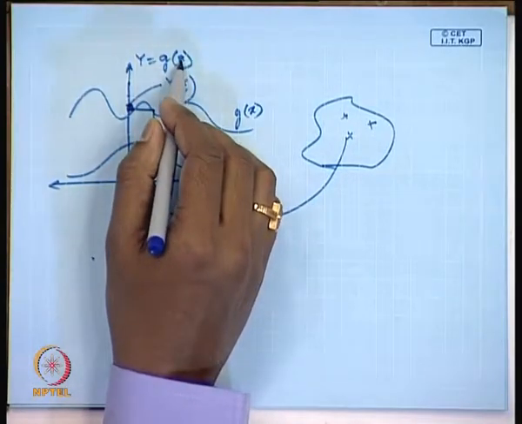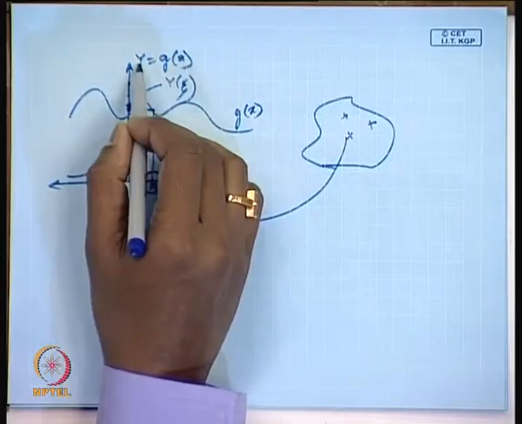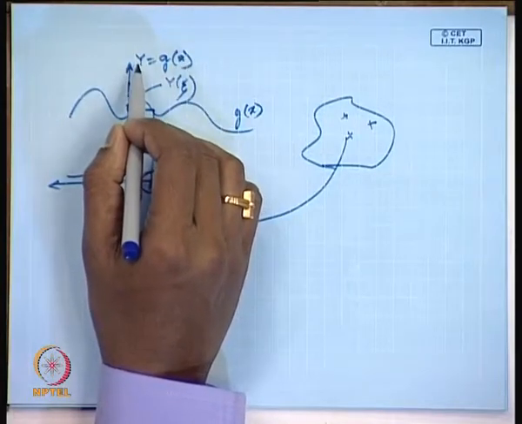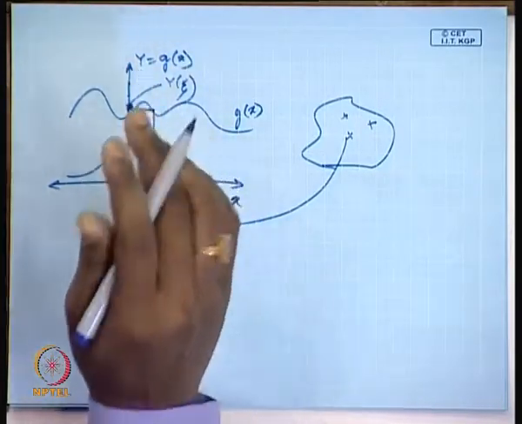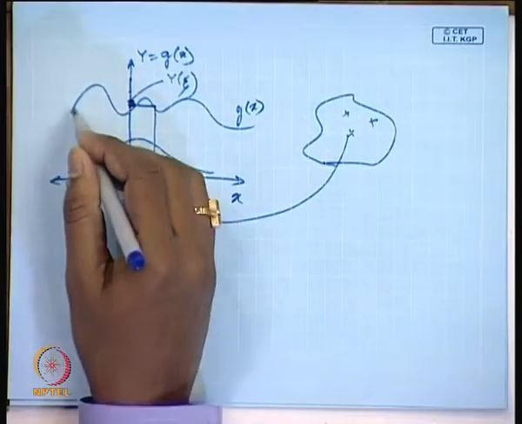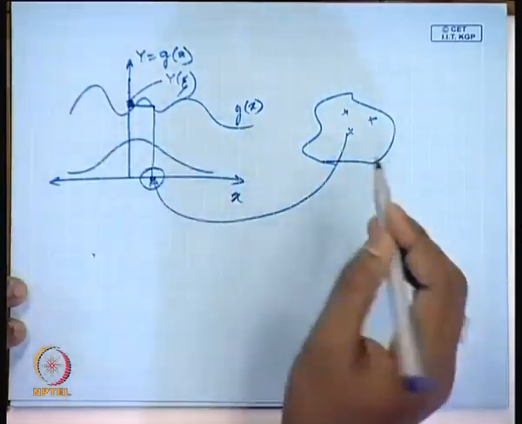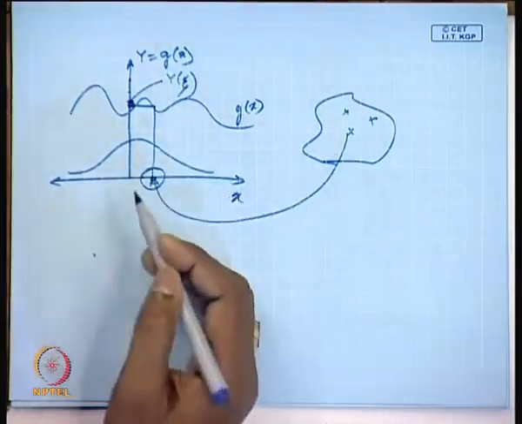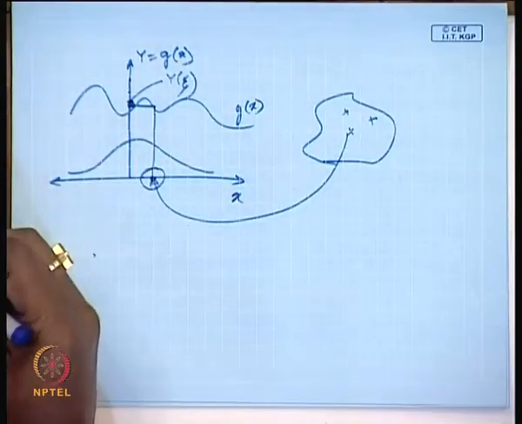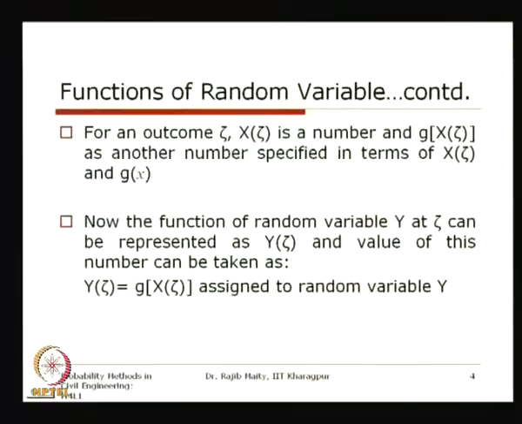For a specific value of x, only one possible value of y is there. So that will be the special case. Now today in this lecture, we are talking about the general case, where there may be n number of roots for the specific outcome, that we will see in today's class.